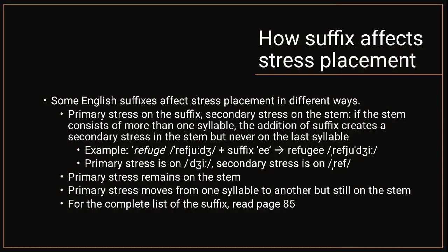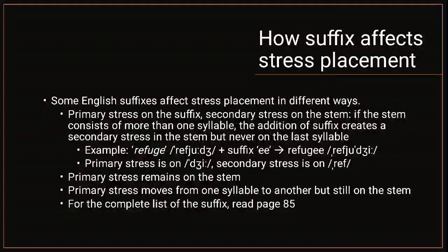How suffixes affect stress placement. Some English suffixes affect stress placement in different ways. Primary stress on the suffix, secondary stress on the stem. If the stem consists of more than one syllable, the addition of the suffix creates a secondary stress in the stem, but never on the last syllable.